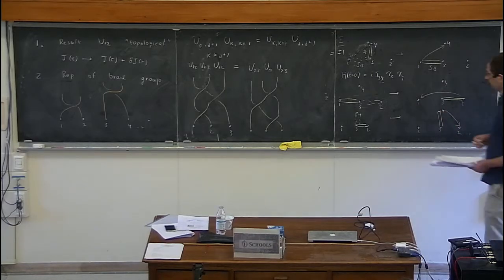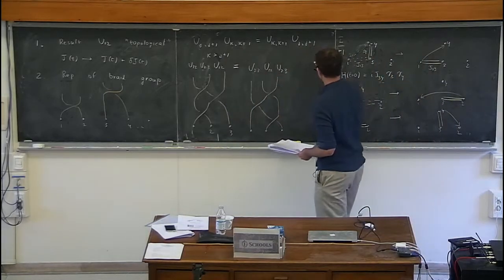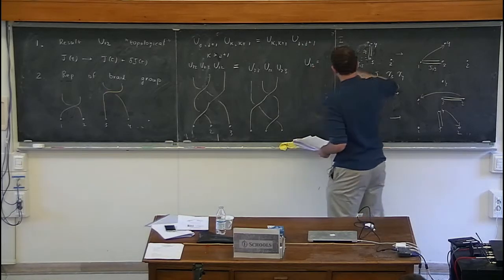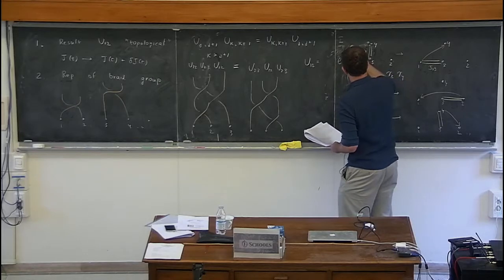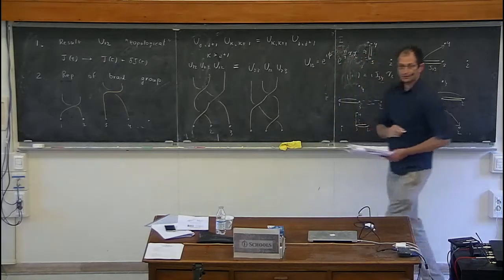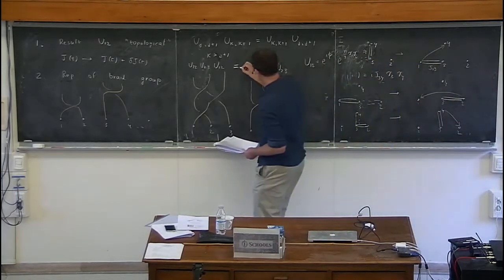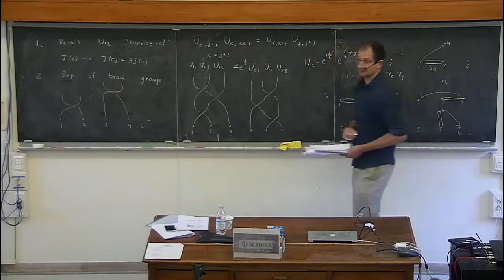Okay, but now there's one caveat. Remember that for our matrix U12, we could guarantee that it's e to the pi over 4 times gamma 1 gamma 2 only up to a phase. And this phase might depend on how we implemented the braiding. So really, what happens here is that this relation is satisfied up to a phase.